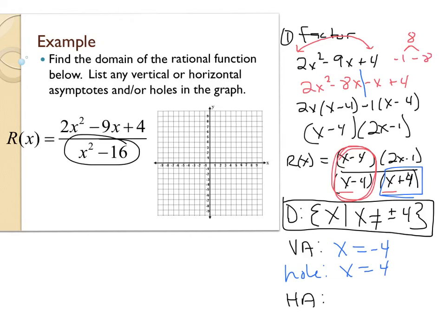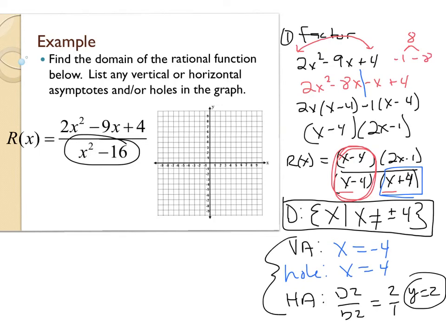And I'm going to go back and look at the original function, and I see it's the same degree over the same degree. So I have degree 2 over degree 2, so it's a leading coefficient over leading coefficient. So y is equal to 2 is my horizontal asymptote.